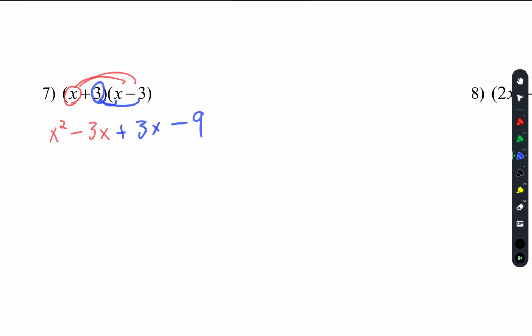But when you do your distributing, x times x, x times -3, 3x times x, 3 times 3. Notice these guys, you have a positive and a negative, so they cancel out. So what you're left with is just x squared minus 9, which is x squared and 3 squared. So you can go straight to that. You don't need to show that work if you don't want to.